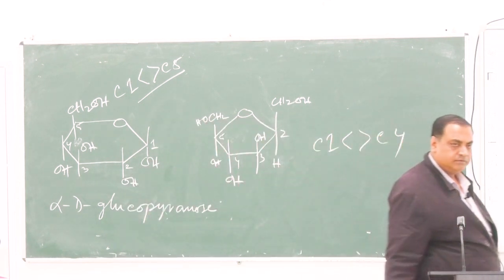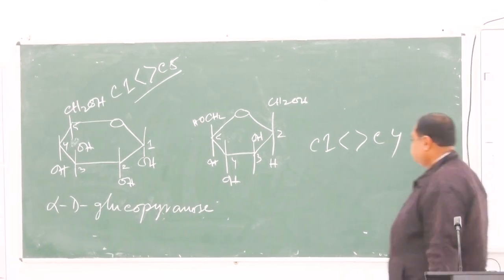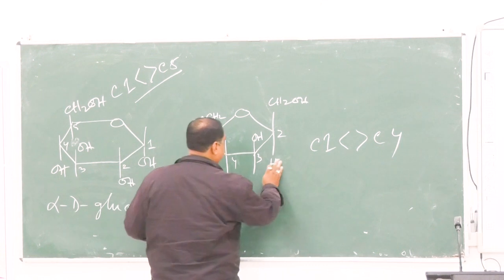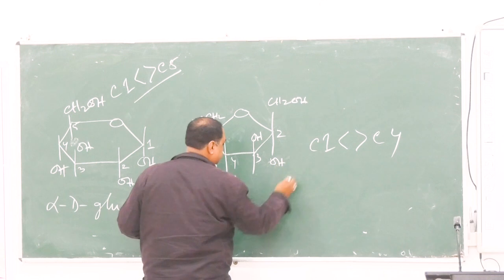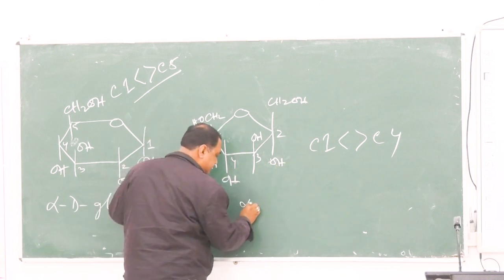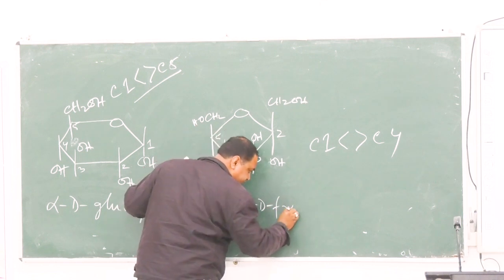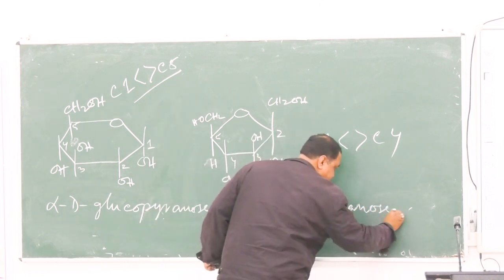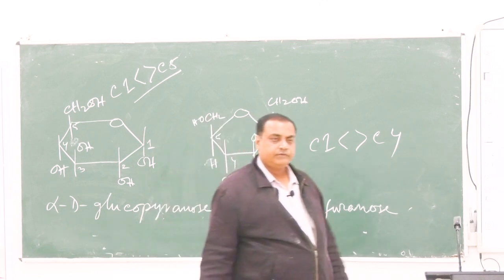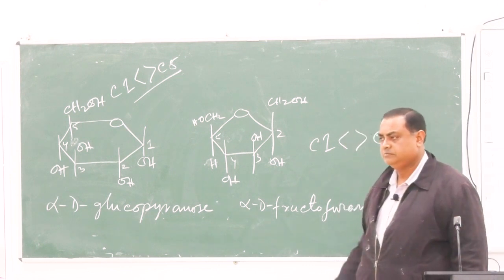Correct? Fine? So this is, sorry. So this is alpha D fructofuranose. Clear? Any question? Any doubt? Okay.